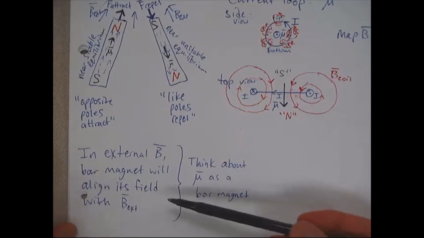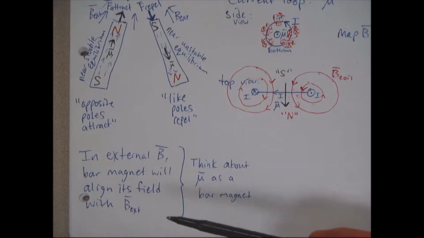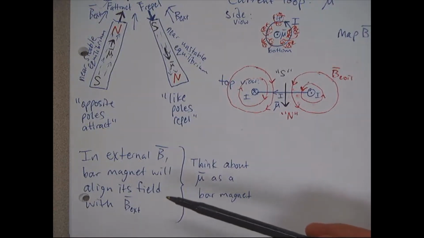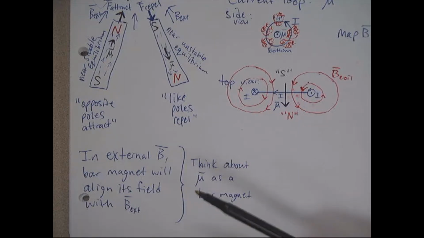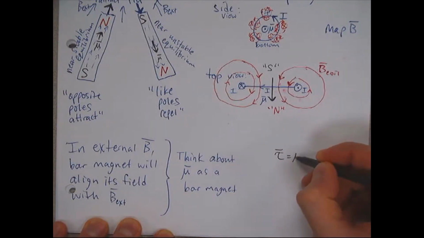That should remind you of the electric dipole moment vector p, which will tend towards alignment with an external electric field E. The pattern is exactly the same. All of the rules about torque and potential energy will hold.